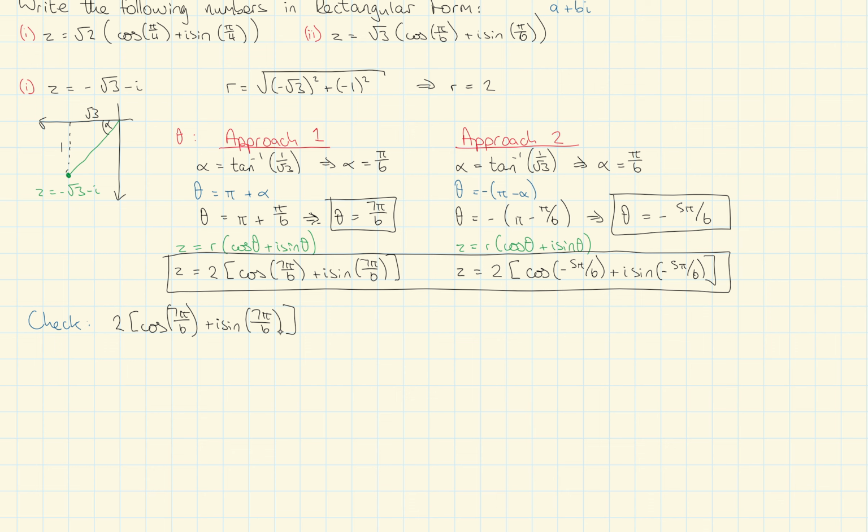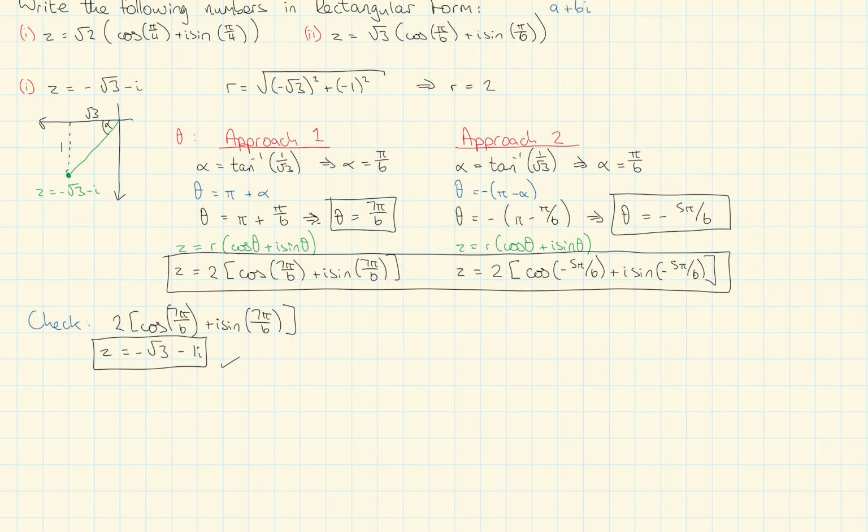So work out the value of cos 7 pi over 6 and sine 7 pi over 6, multiply by 2, and you'll get z equals minus root 3. And then the sine of 7 pi over 6 will give you minus a half. You multiply that by 2 and you get minus 1. If we check back up, that was our original number, so we're okay there.